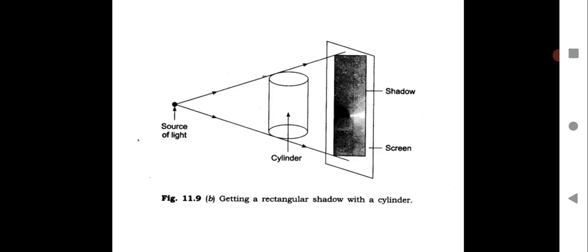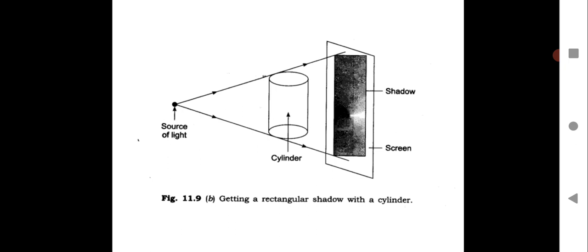Then what happens if you keep the cylinder vertical? When you keep a light source behind the vertical cylinder and hold a screen in front of the cylinder, you will get a shadow of rectangular shape, because it is kept erect.